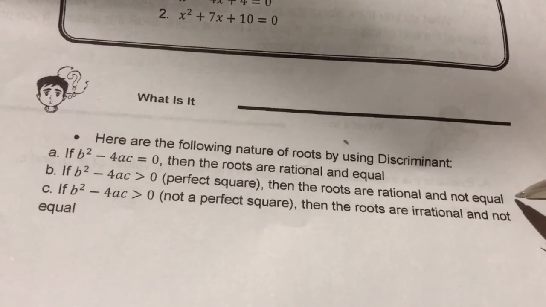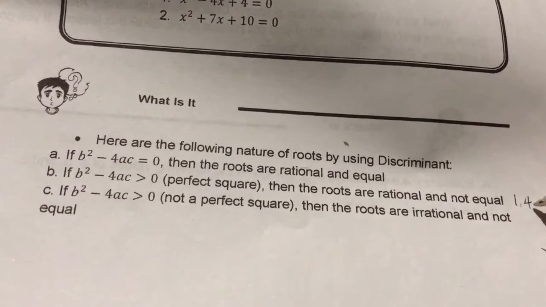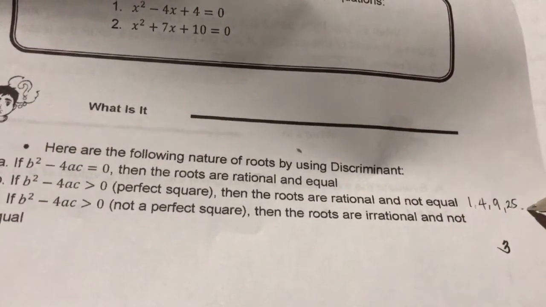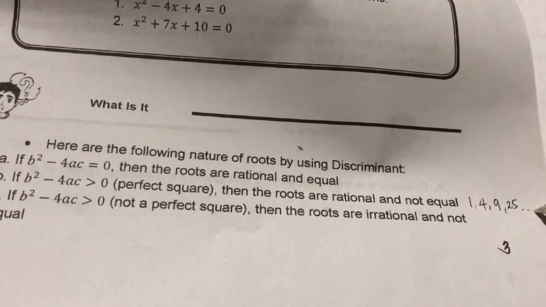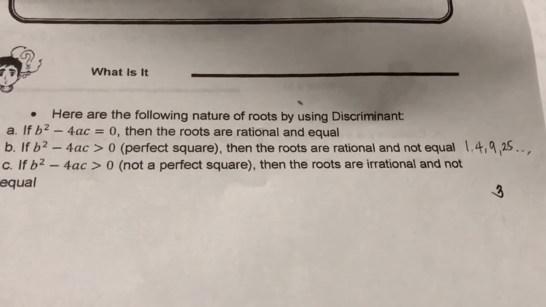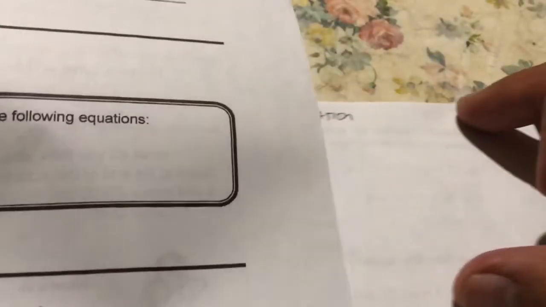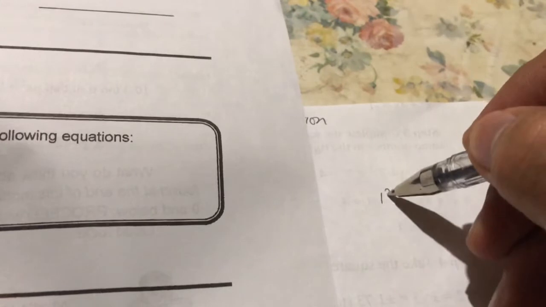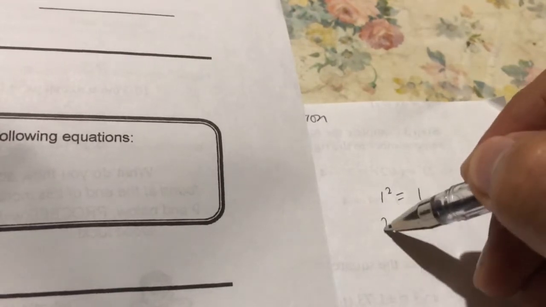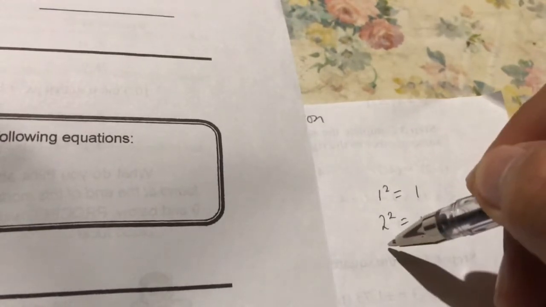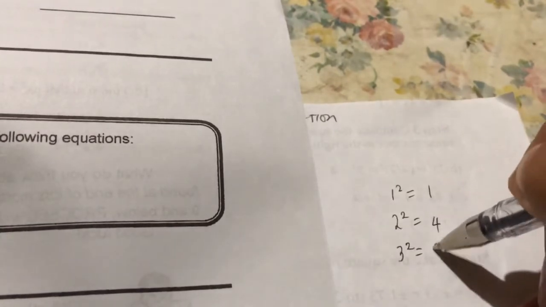So, we can say 1, 4, 9, 25, so on and so forth. Paano mo masasabing perfect square yung number? It's just because, let's say, 1 squared, that is equal to 1, 2 squared, that is equal to 4, 3 squared, that is equal to 9.